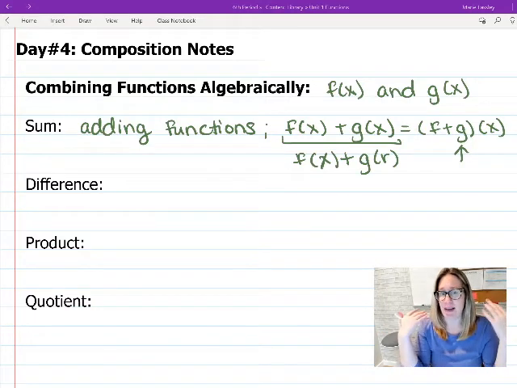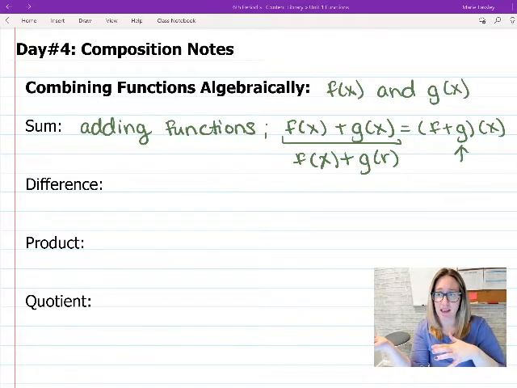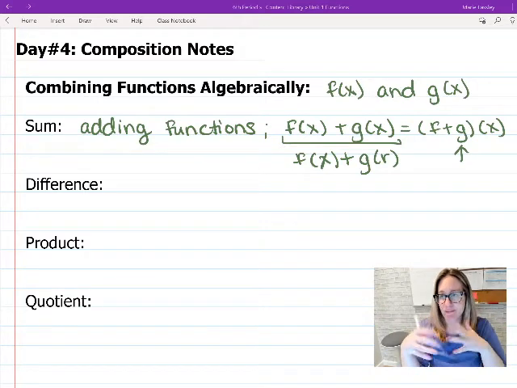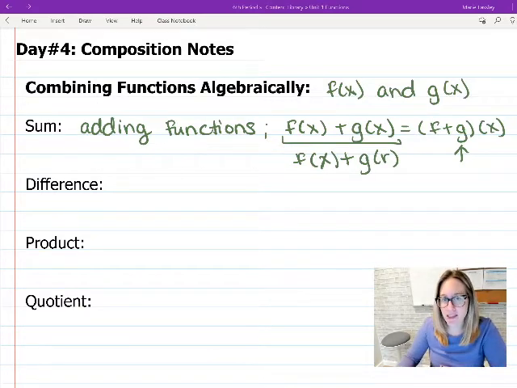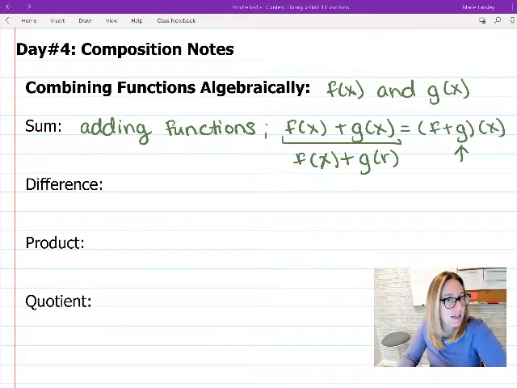So it has a little bit less customization for that second one. Now, in this class, we're not using separate variables, but you may see it sometime in calculus. Sometimes you could plug in different numbers.